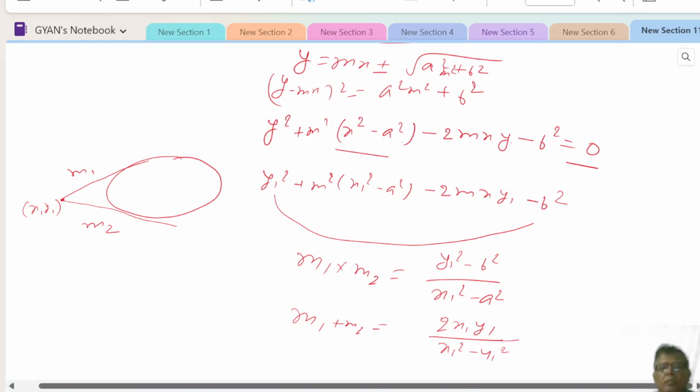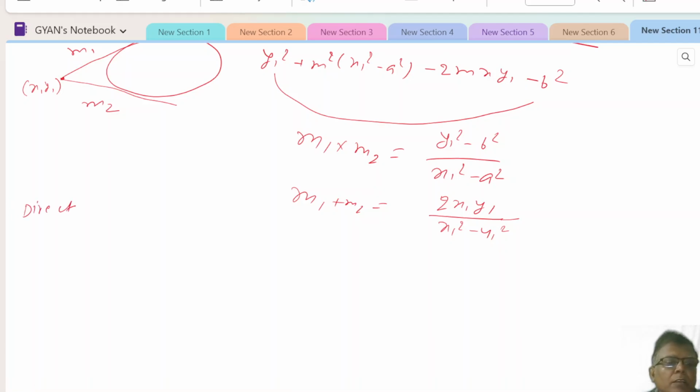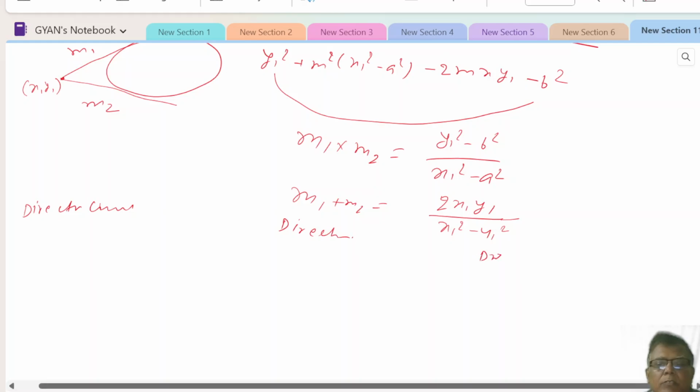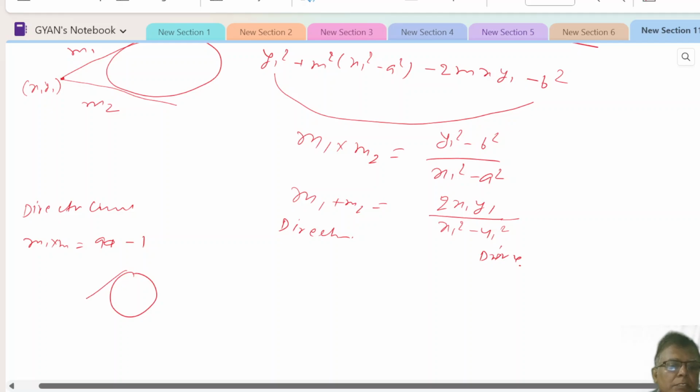So now come to the very important point, that is called director circle, directrix and director circle. So what is director circle? Director circle is where m1 into m2 is equal to minus 1. That means both the tangents, this tangent and this tangent, make 90 degrees at the locus of this point.